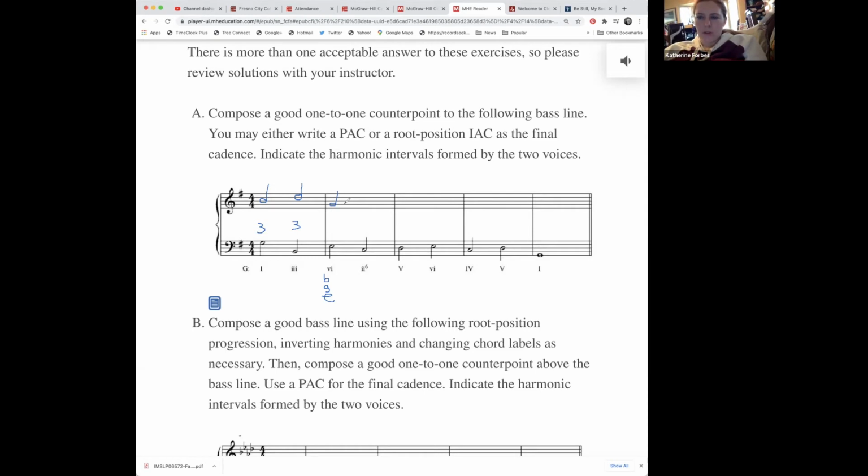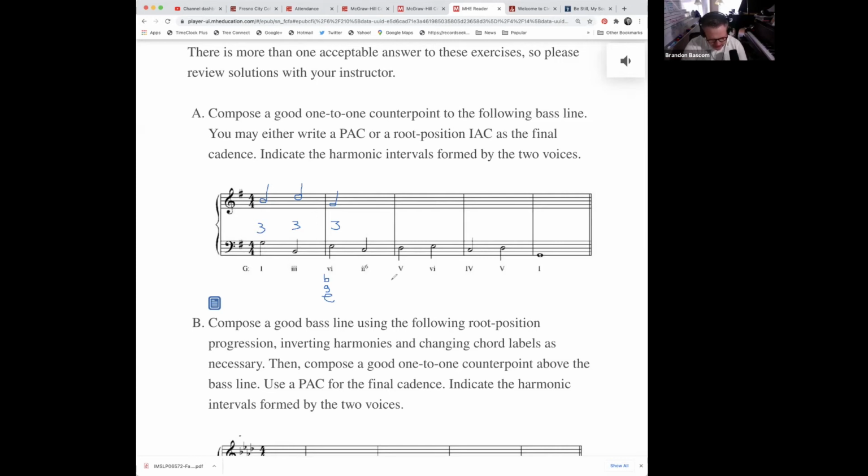So I had assumed that they assumed you'd be using thirds quite a bit, and they wouldn't care if you did it consecutively. We're all right. Let's keep going.